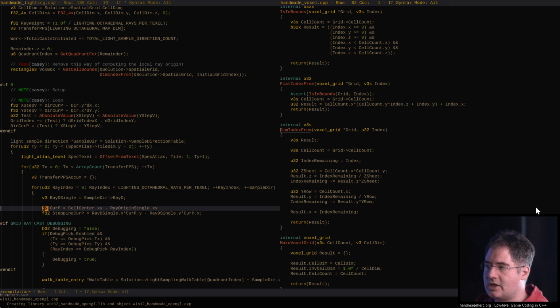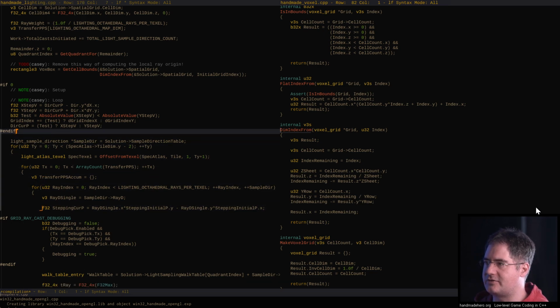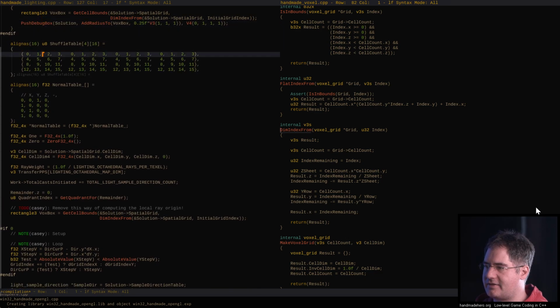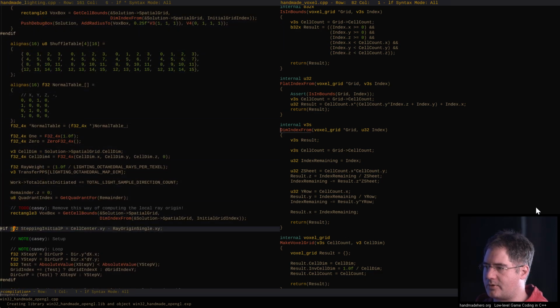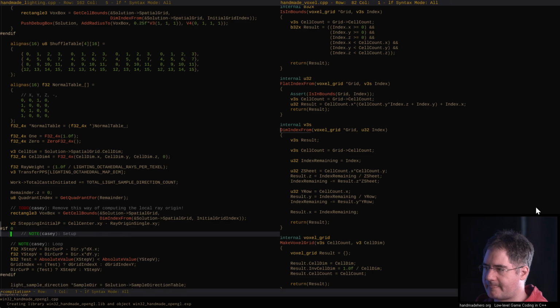You know what I'm saying? So we need this. So we need stepping initial p. Whatever that initial stepping value is, that's the thing that we actually needed to compute. We have part of it. We don't have the other part of it, and that is the part we're computing here, right?